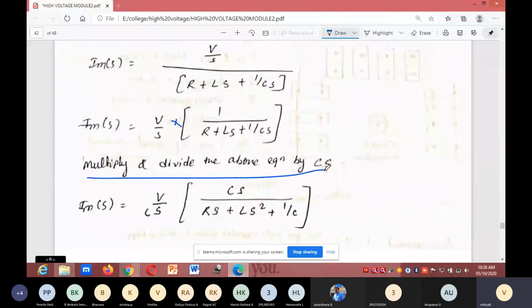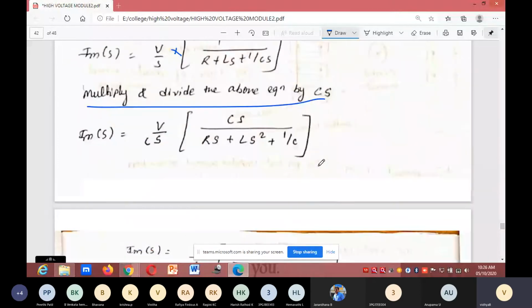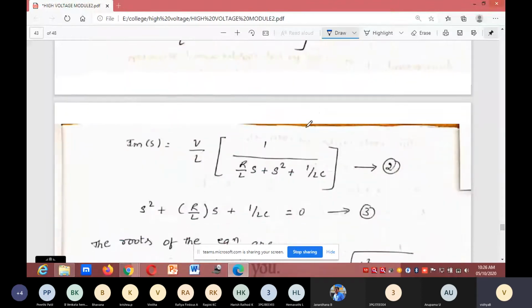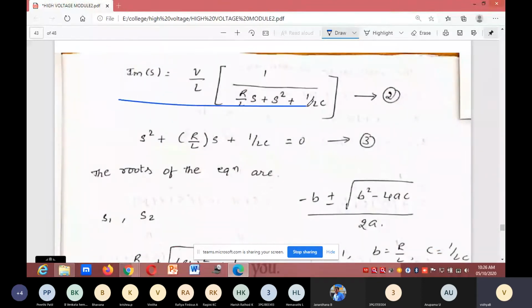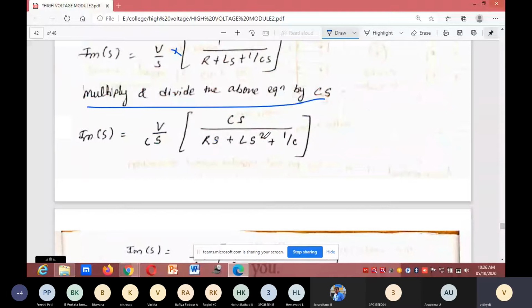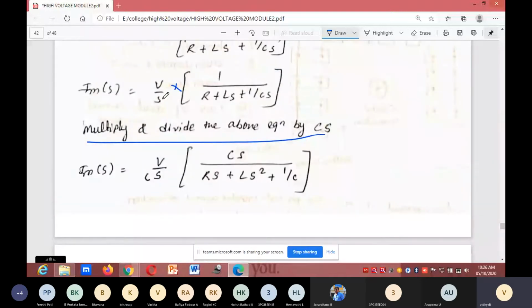You can multiply and divide the above equation by Cs, or go directly for this equation, multiplying by S, so you will get Rs plus Ls square plus 1 divided by C.